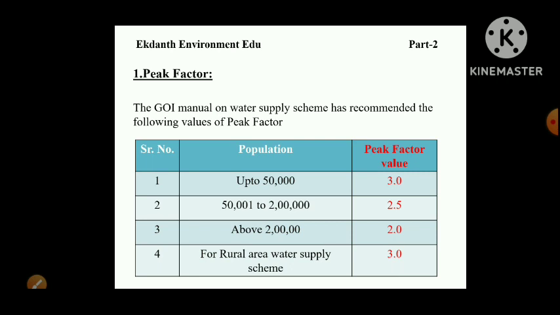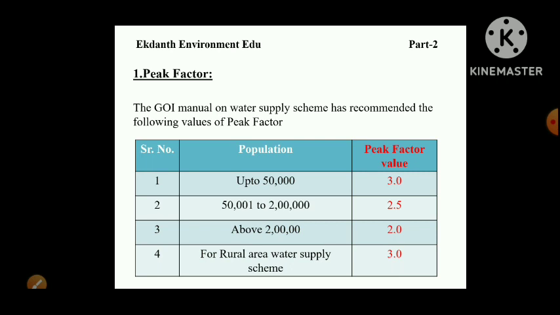As per the Government of India manual on water supply scheme, the following table gives the peak factor value for different ranges of population. This may come as a 1 mark question.